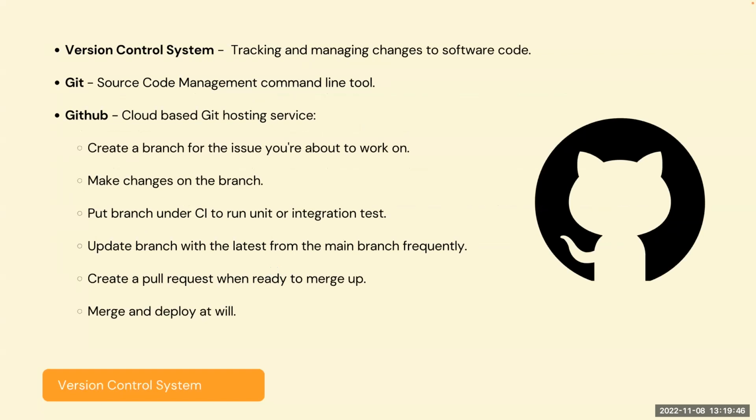Okay, so now let's slowly talk about a couple of tools. In general, version control systems are there for tracking and managing changes to the software code. One of the most popular ones, started by Linus Torvalds, is Git.